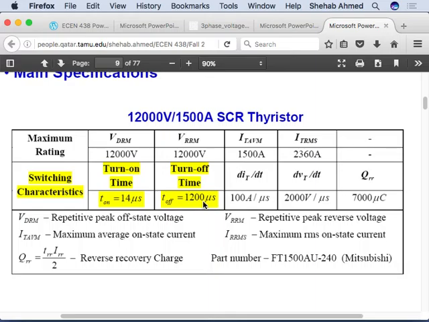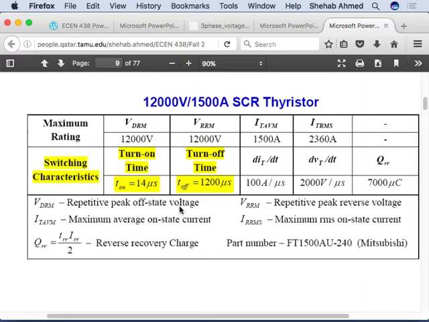Yeah. We were talking about nanoseconds here. So we were talking about 100 nanoseconds versus 1,200 microseconds to turn this thing on and off. Right, so how fast can you switch? This will limit how fast you can switch. So if you want to create a certain duty cycle, obviously you're going to be limited to a few pulses per cycle.